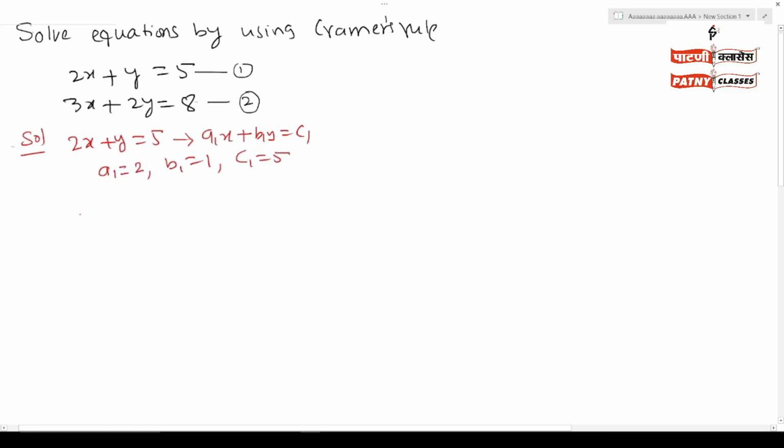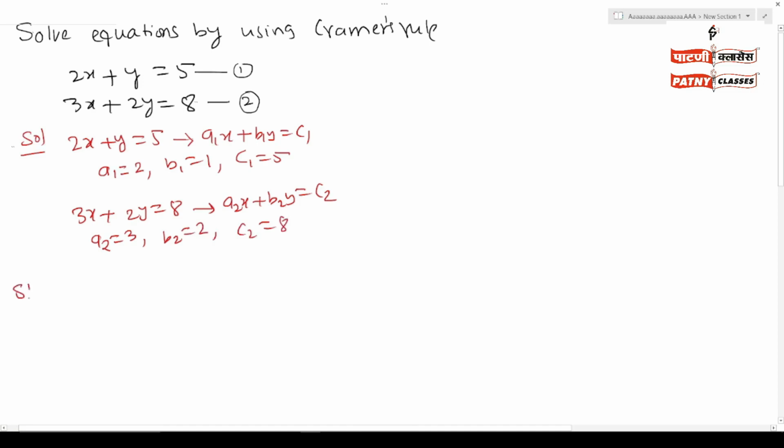After that, the second equation, 3x plus 2y equals 8, comparing with a2x plus b2y equals c2, a2 equals 3, b2 equals 2 and c2 equals 8.